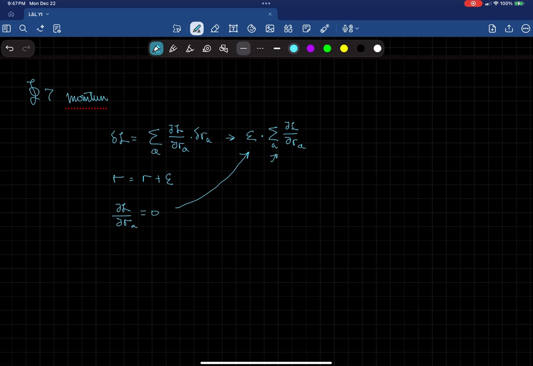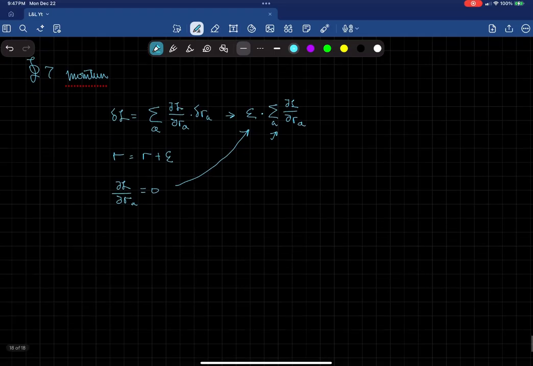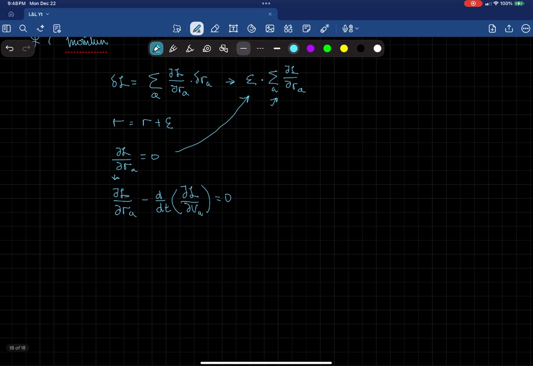So we now have del L del RA minus d dt del L del VA equal to 0 from the Euler-Lagrange formula. And if del L del RA equals 0, that must also mean that d dt of del L del VA equals 0. Thus, this term here must be constant.